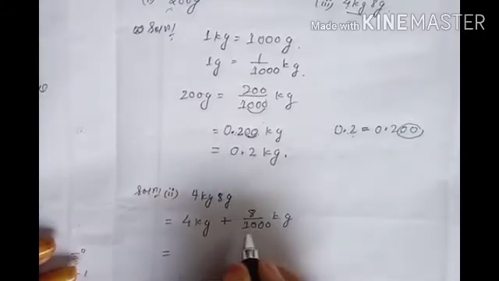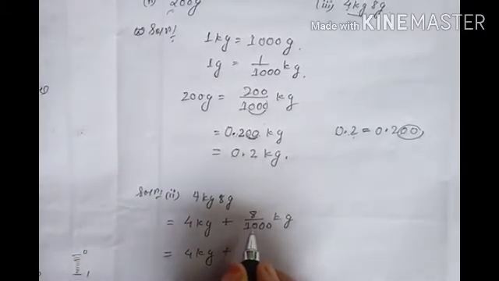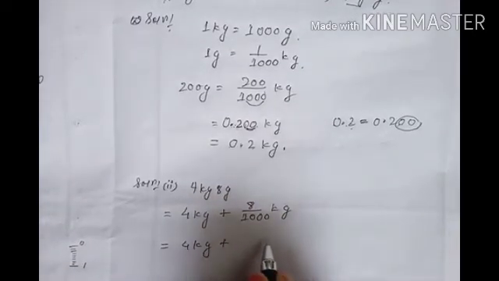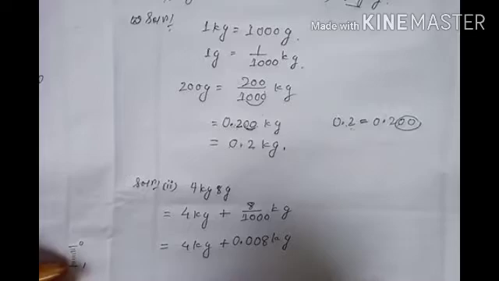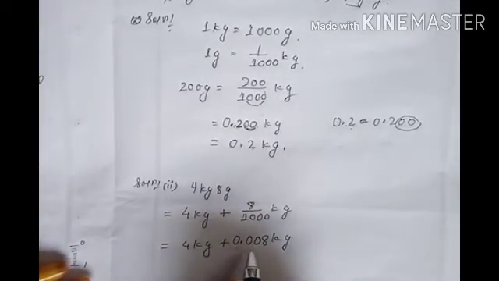Now again 4 kg plus, if you write this in decimal, how many zeros, 3 zeros. So before 3 digits, but here there is only 1, so you will add 2 zeros. Now here decimal, then 0, then this becomes kg. Now how will you add this? This is 4 kg, and this is 0.008.